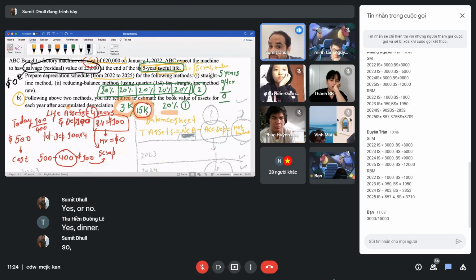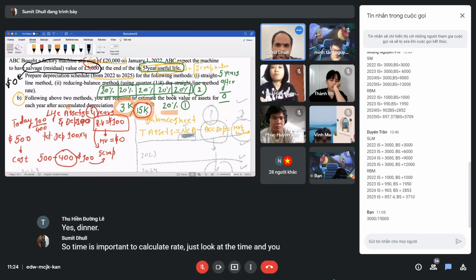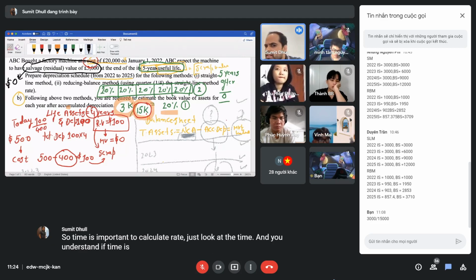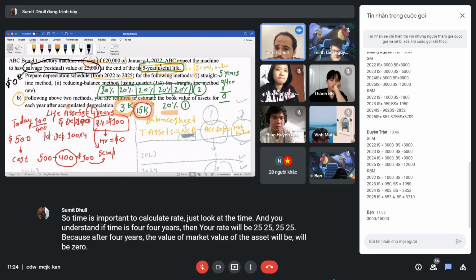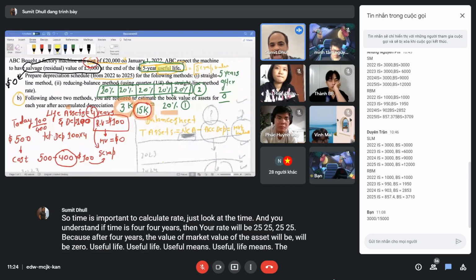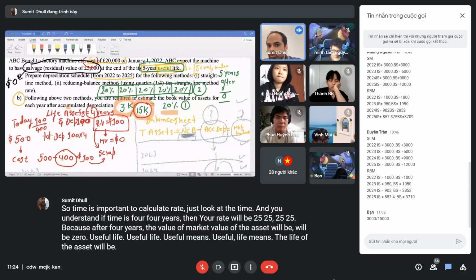So time is important to calculate rate. Just look at the time and you understand. If time is 4 years, then your rate will be 25, 25, 25, 25, because after 4 years, the market value of the asset will be zero. Useful life means the life of the asset will be useful only 5 years.